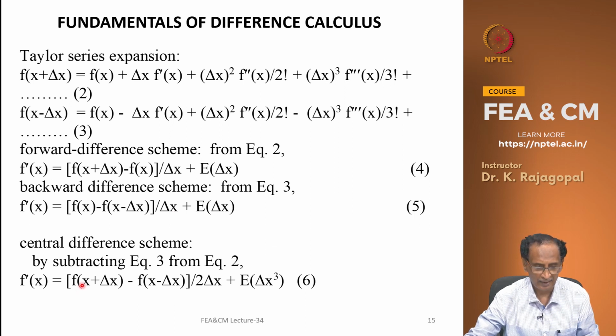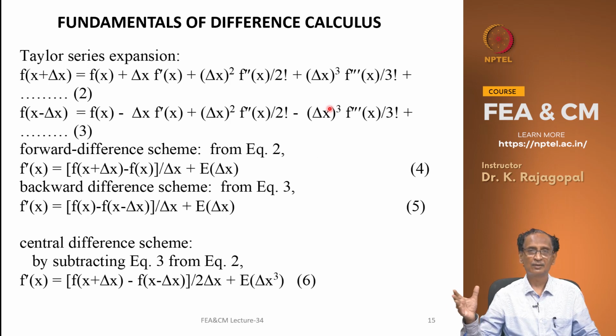And by the central difference scheme, if you add up these two equations, if you subtract, f prime of x can be written as f of x plus delta x minus f of x minus delta x by 2 delta x, and then this term gets eliminated, and you have the order of delta x to the power 3. The error is of this order, and if delta x itself is small, delta x cube will be even smaller.